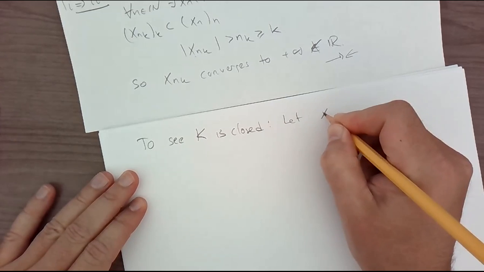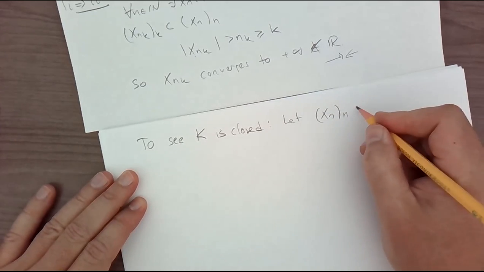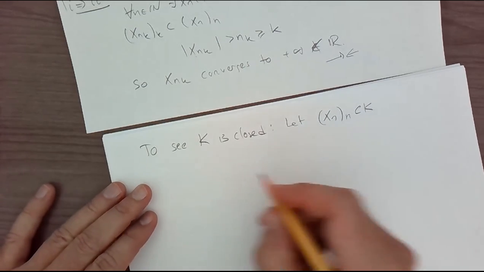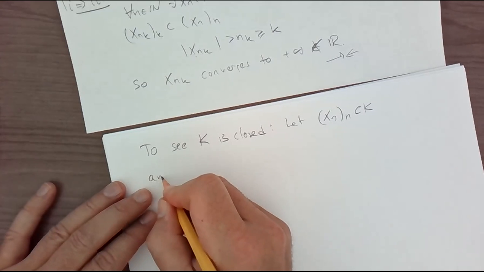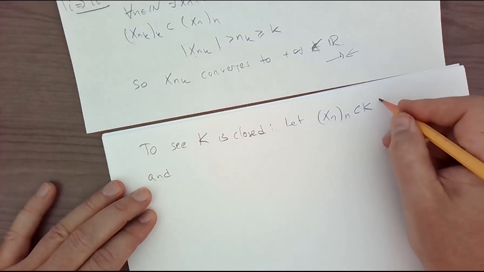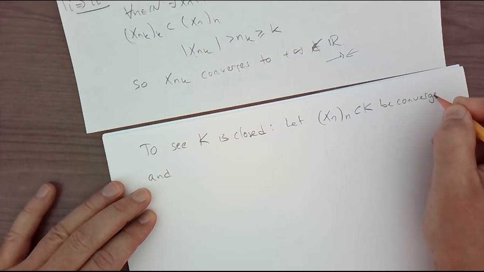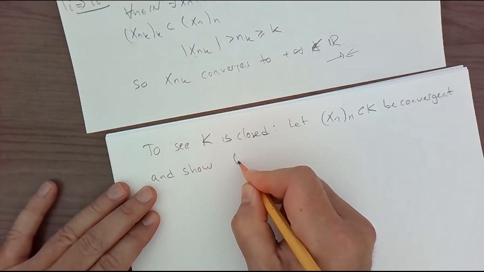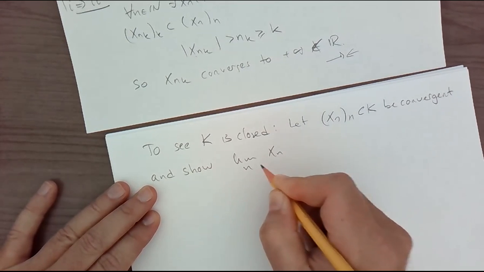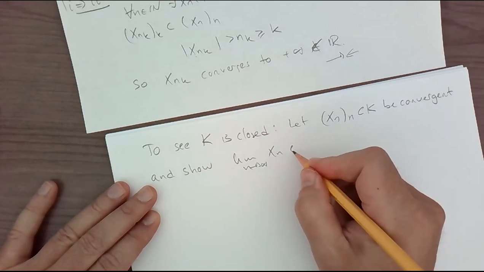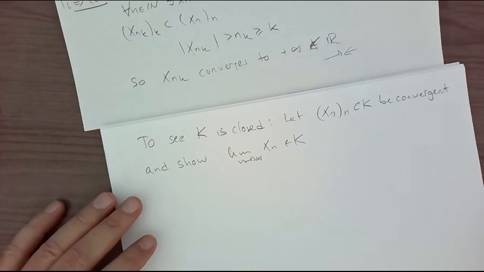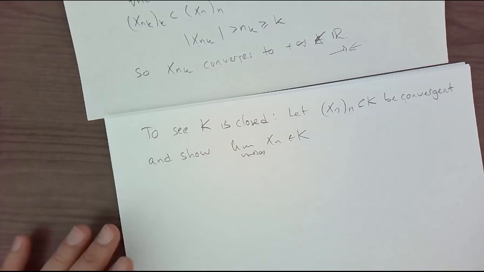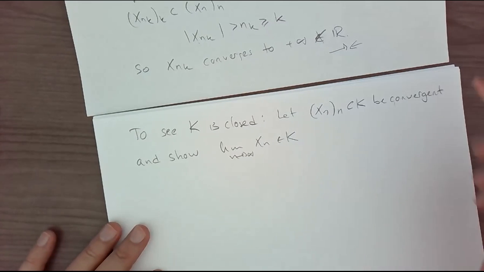So let's try to take a sequence that's inside K, and show that it is convergent, and then show that the limit is actually inside K. Take a sequence that's convergent, and now the question is the limit there, right? And if it is inside K, then we're going to get closedness.